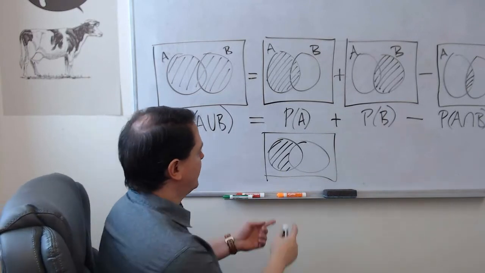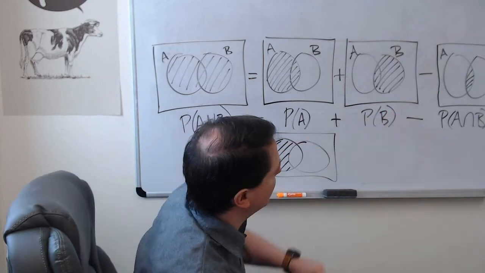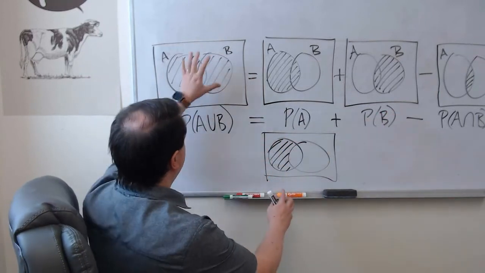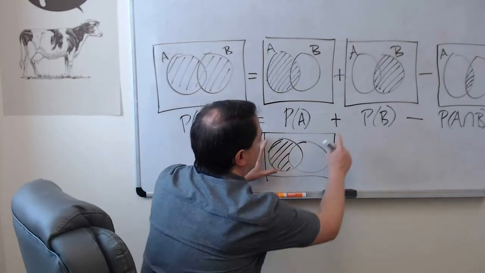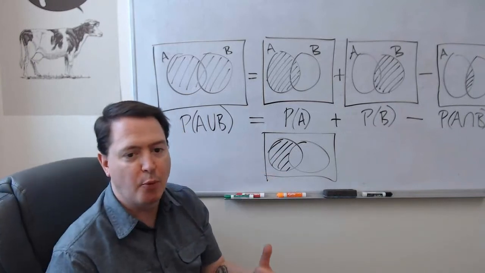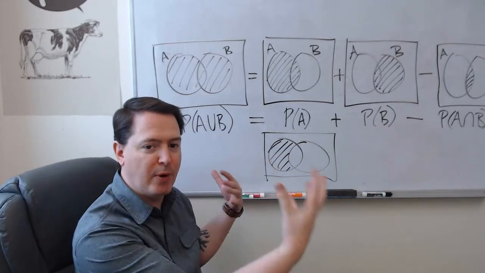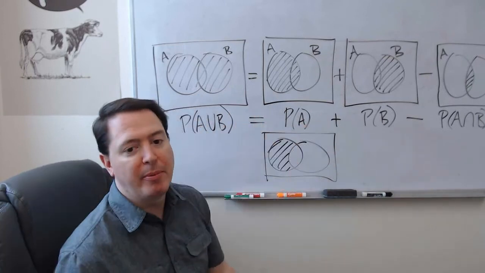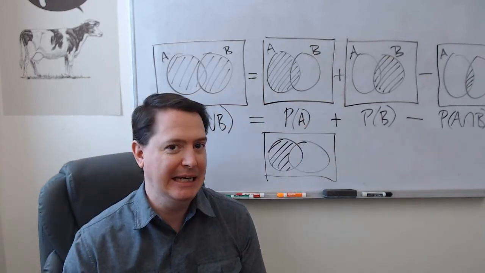Well, one way I could get it is by taking the whole circle and subtracting off that football piece. Or I could start with the whole union and subtract off this circle. There are multiple ways we could do this. We just need to start working with these pictures to help us arrive at the correct ways of putting probabilities together to get what we actually need.